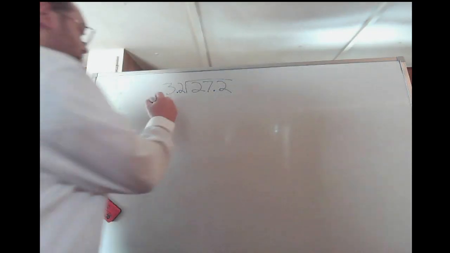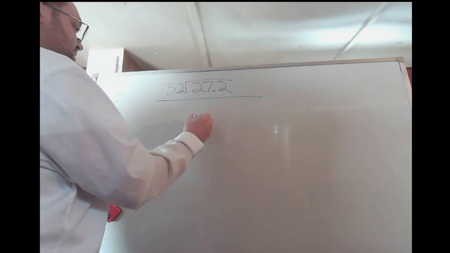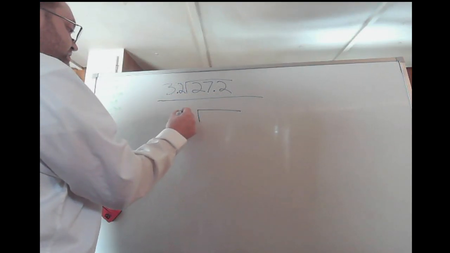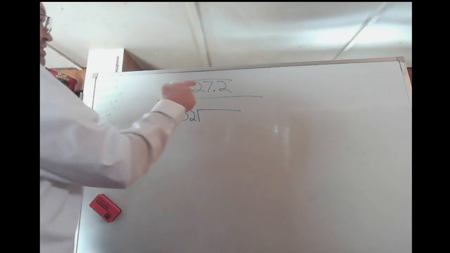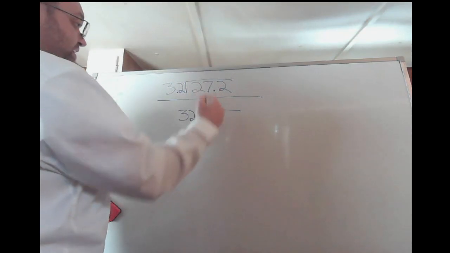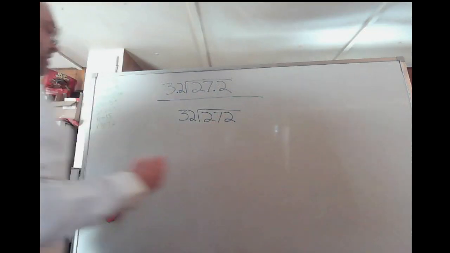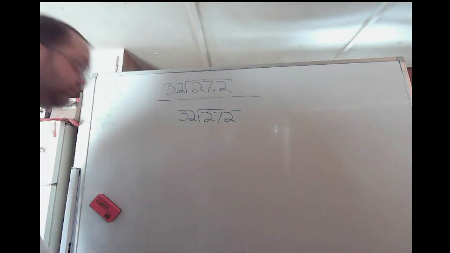So what we're going to do, we're going to rewrite this equation below it. If you move the decimal place 1 place to the right, you'll have 32. But you also got to do it to the dividend. You move that 1 place to the right, you'll have 272. Now we are left with 272 divided by 32.